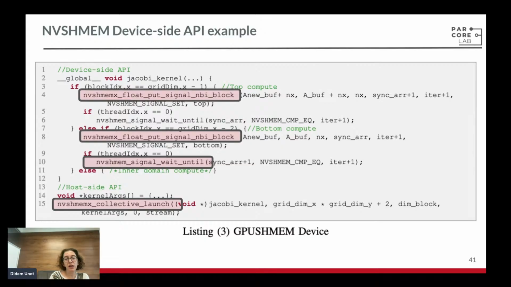Also, you can overlap things here. You can have some blocks doing communication while the other ones are doing computation, so you're using the other SMs for computation. You can easily overlap things.